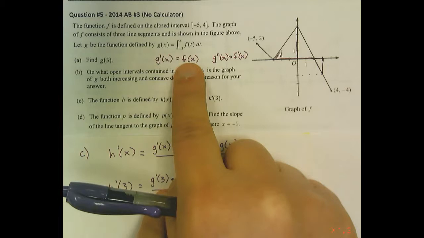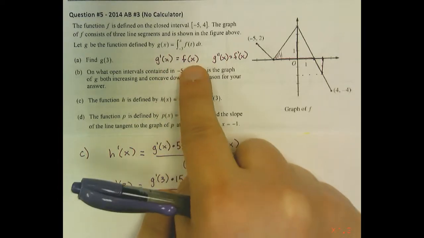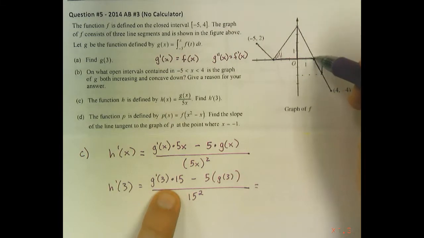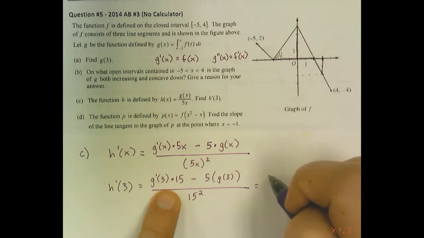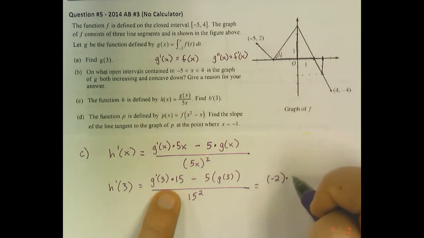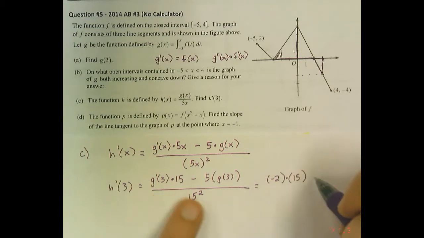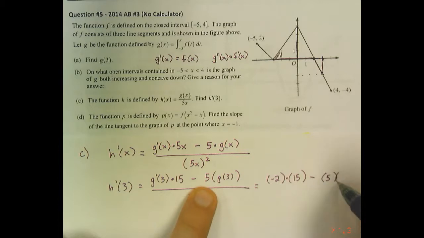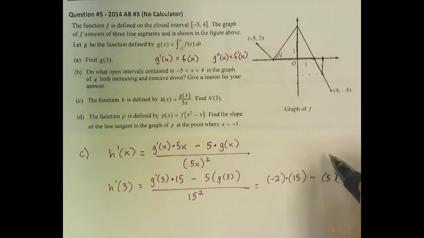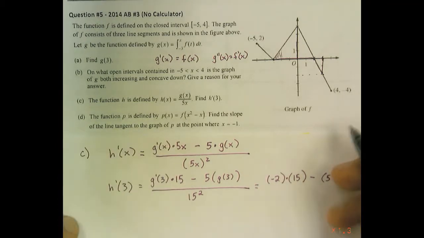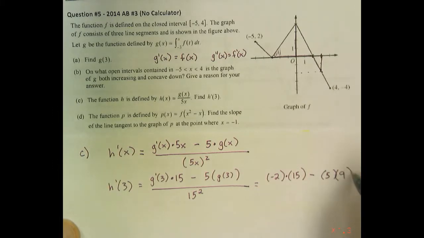Since g prime is the same thing as f, g prime of 3 will be the same thing as f of 3. So f of 3 is negative 2. So we get negative 2 times 15 minus 5 times g of 3. g of 3 we established in part A was 9. And then 15 squared.